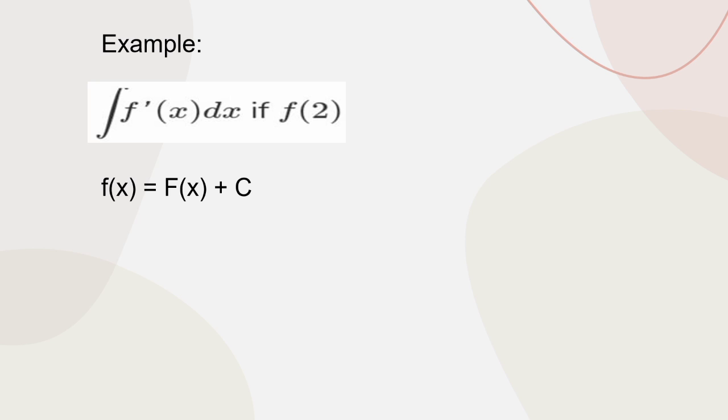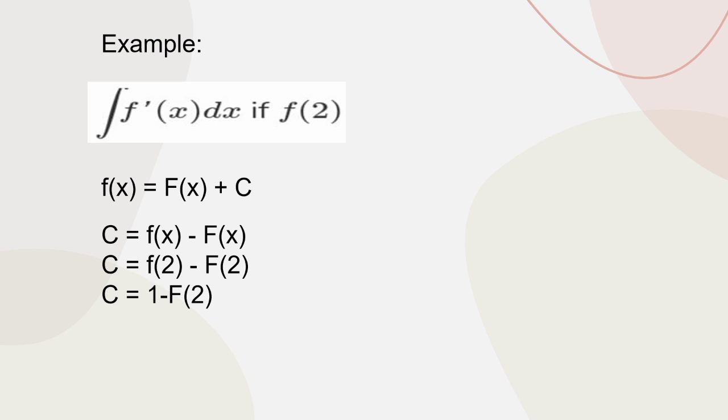Therefore, the constant of integration is c equals f(x) minus F(x). We substitute f(2) minus F(2). Then, c equals 1 minus F(2). This is a simple answer.